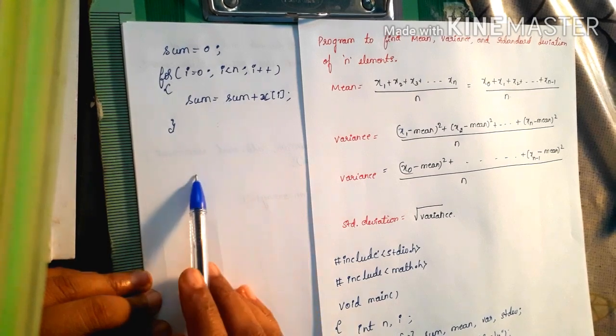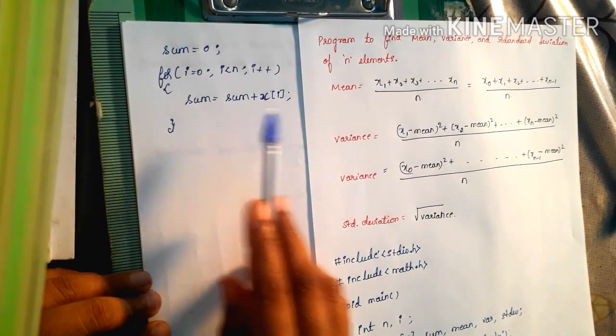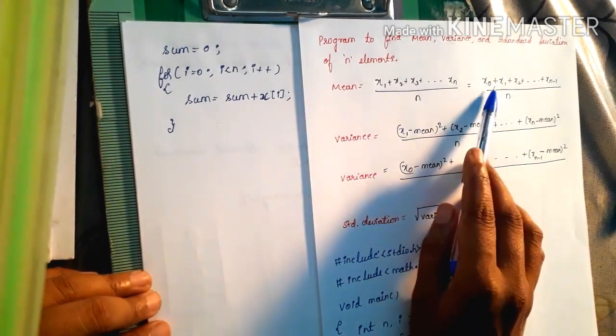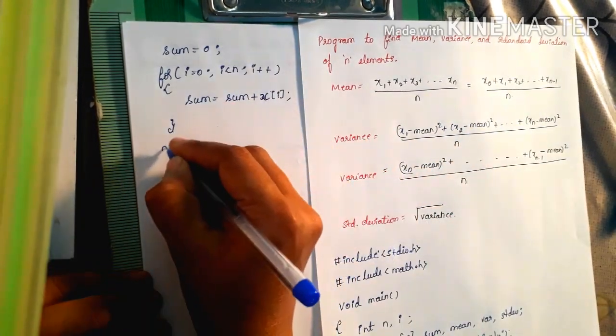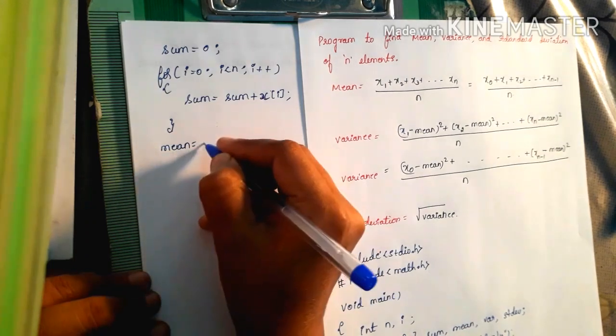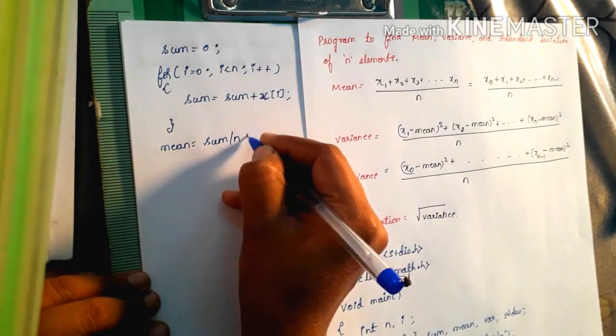After finding the sum, using this sum, find the mean value. That is, mean is sum of all the elements of the array divided by n. So, therefore, mean value is equal to sum by n.